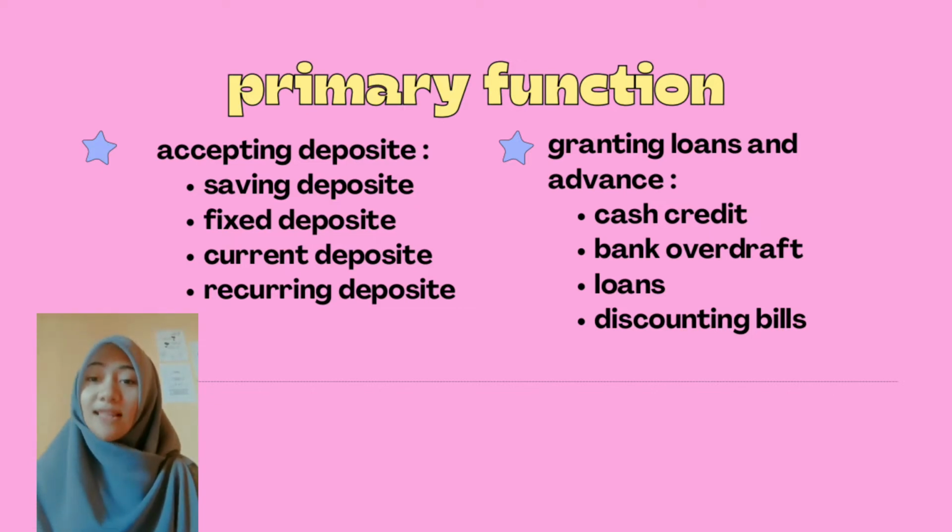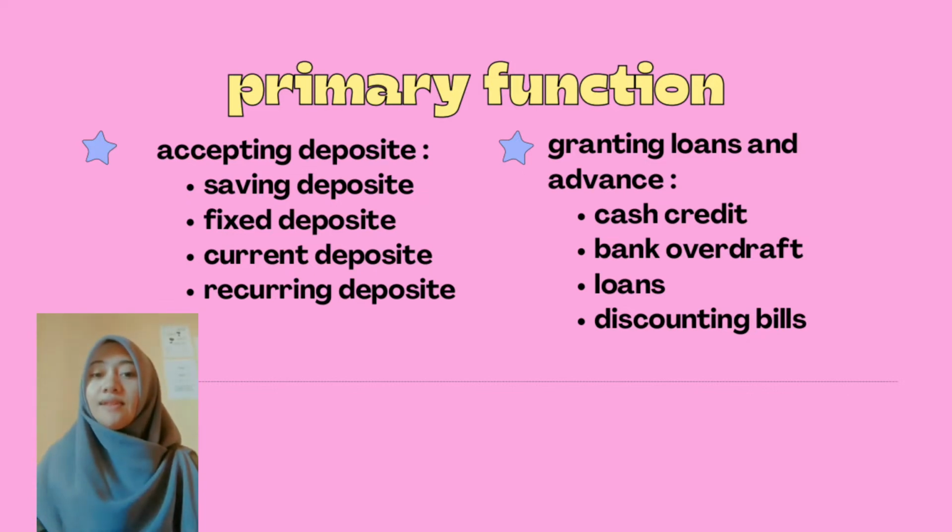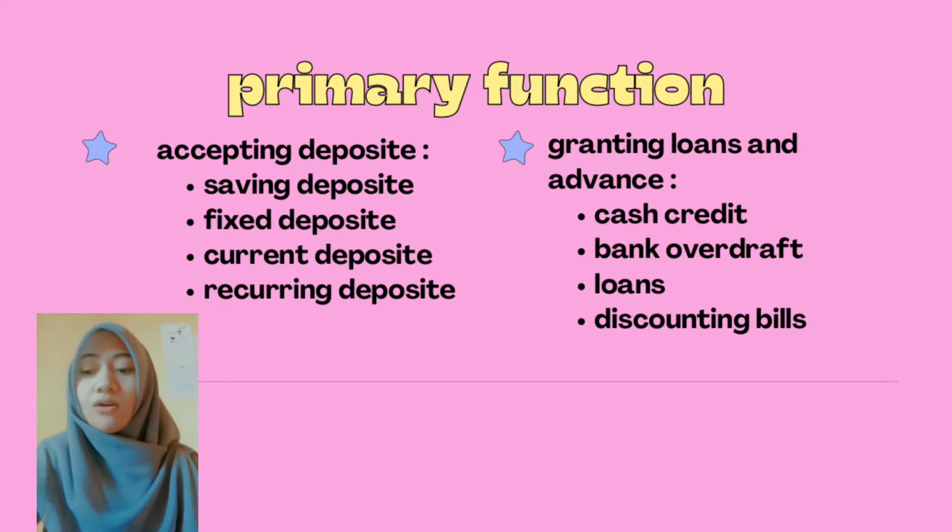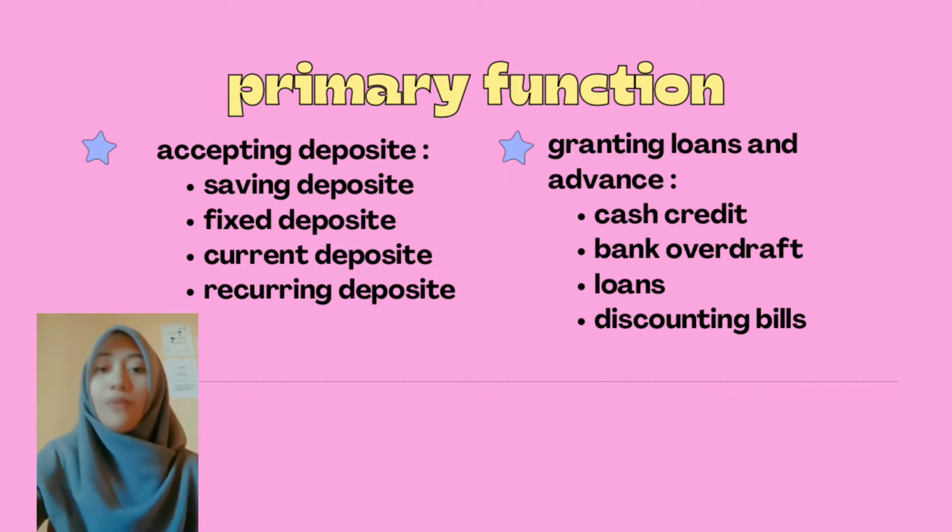And in granting loans and advances, there are cash credit, bank overdraft, loans, and the last is discounting bills. So these are various instruments or various functions that the banks are performing.